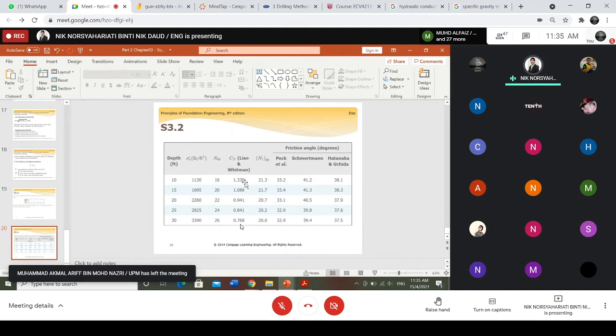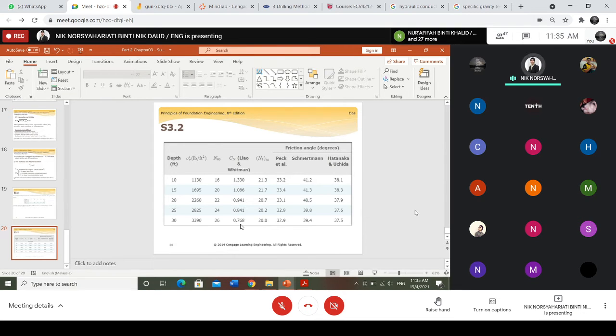So for this part, you need to correct the N60 number first and get the value here. You got the N60 here. Then using Liao and Whitman, you got the correction value. After that, you move on to find the friction angle, in degrees, for each of the related equations.